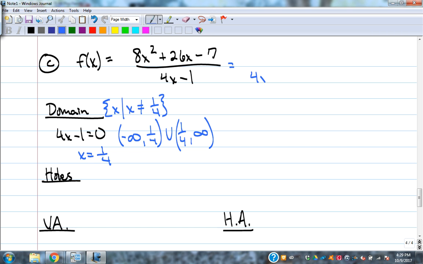The next thing we do, simplify. So we got 4x minus 1 on the bottom. That won't factor any further, but the numerator possibly would. It's a quadratic, so I'm thinking maybe it will. I need two numbers that multiply to be negative 56 and add to be 26.